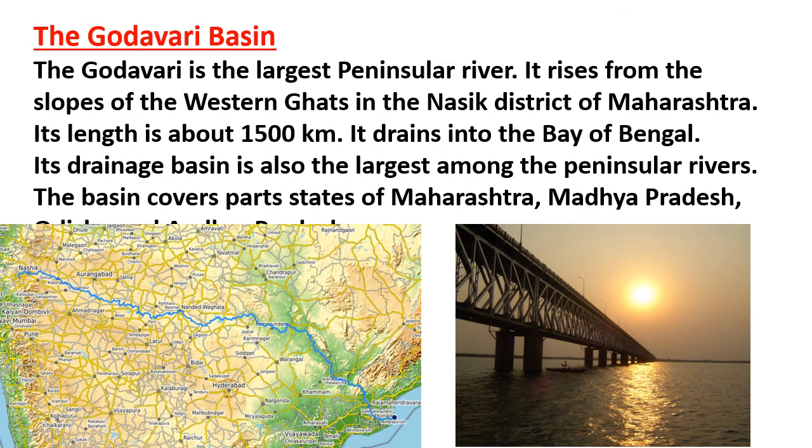The Godavari Basin. The Godavari is the largest peninsular river. It rises from the slopes of the Western Ghats in the Nasik district of Maharashtra. Its length is about 1,500 km. It drains into the Bay of Bengal. Its drainage basin is also the largest among the peninsular rivers. The basin covers parts of the states of Maharashtra, Madhya Pradesh, Odisha, and Andhra Pradesh.